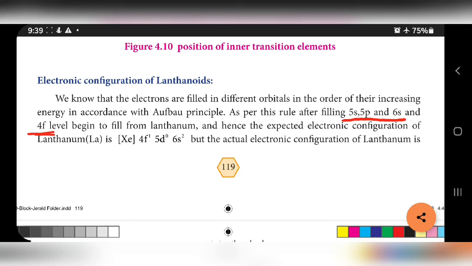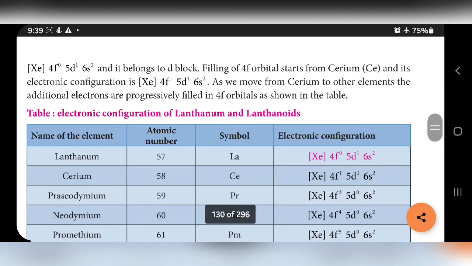Hence, the expected electronic configuration of lanthanum is xenon 4f1 5d0 6s2. But the actual electronic configuration of lanthanum is 4f0 5d1 6s2, and it belongs to the d block because the electron is filled in the d orbital instead of the f orbital. So lanthanum is placed in the d block and not in the f block.